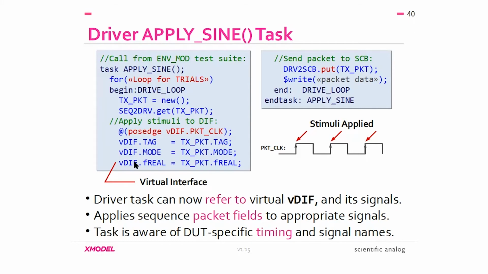So we've driven the transaction values into the DUT. Before we wrap up this apply sign task, we want to take that same transmit packet, which we've read but haven't altered in any way, and we want to put it into another mailbox connecting the driver on up to the scoreboard. And there we can evaluate the results.